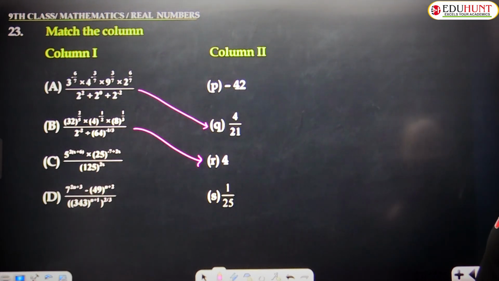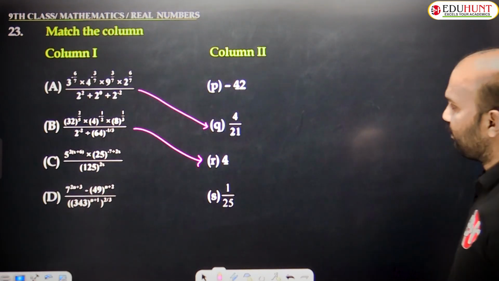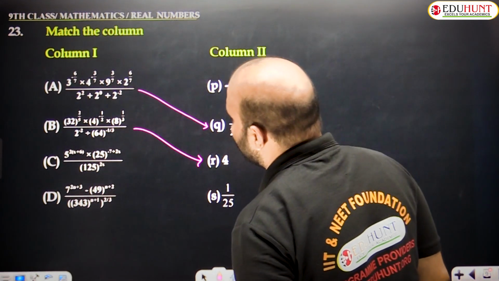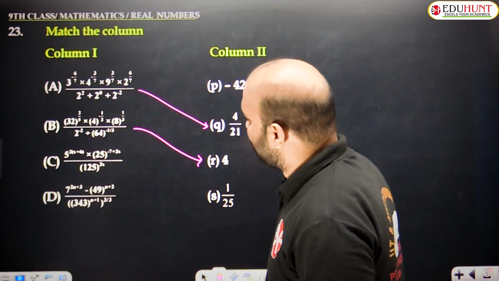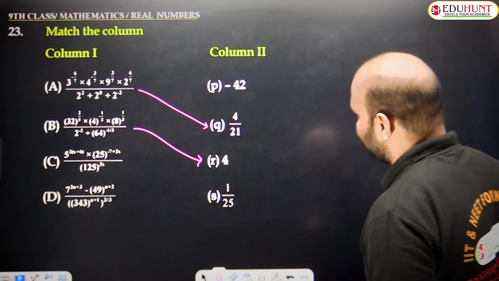Okay, so next one, C. In that C, what I am given: 5 power 2 into x plus 6, into 25 whole power minus 7 plus 2x, whole by 125 whole power 2x.